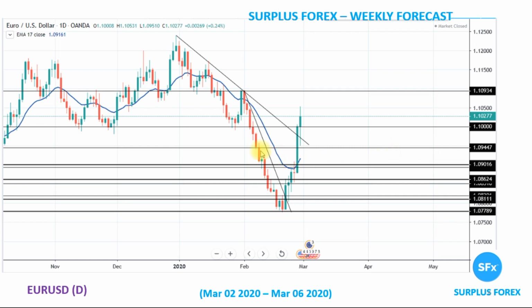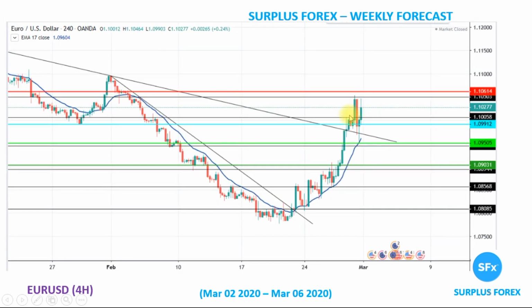1.0944. Let's see on a 4-hour chart how it will do for the coming week. I'm expecting it to be bearish for the week because I'm bullish on USD index, so I'm taking my entry point at it. It's still bullish.